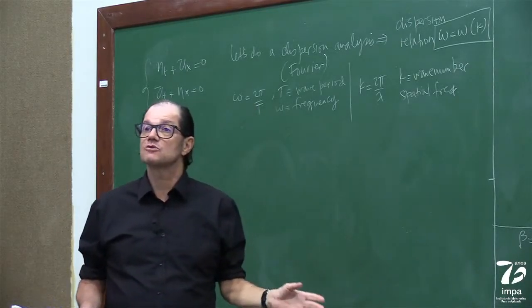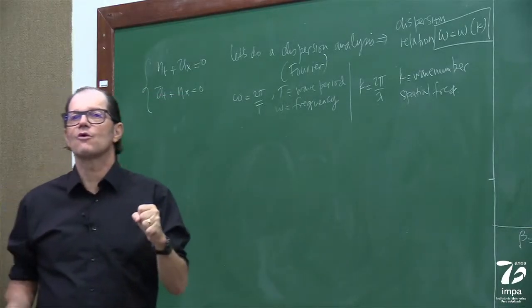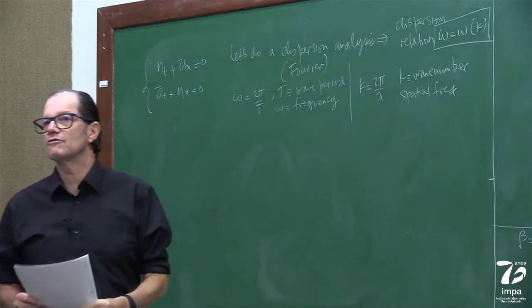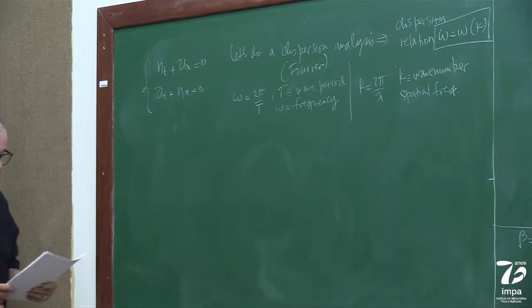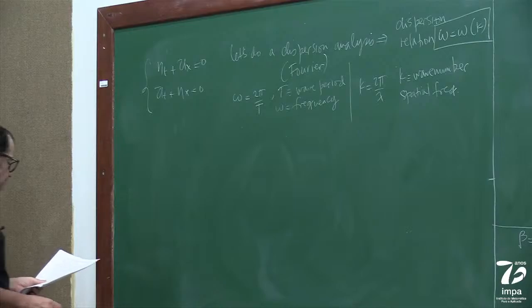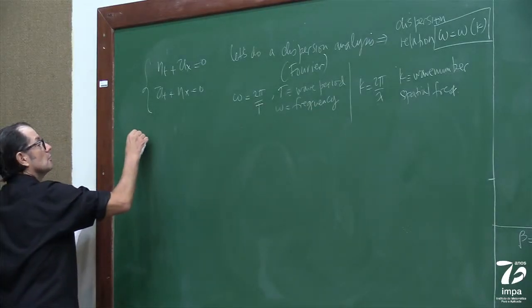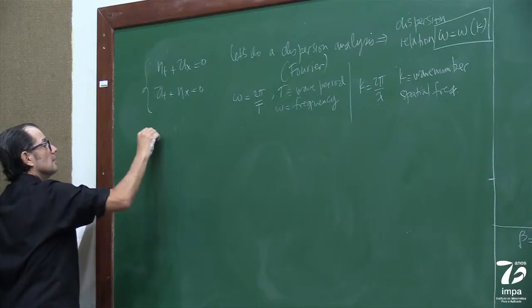Right? For linear, constant coefficient PDEs, we're going to do that, and that's going to make our life very, very, very easy. How? Okay? Well, let me put it like this.